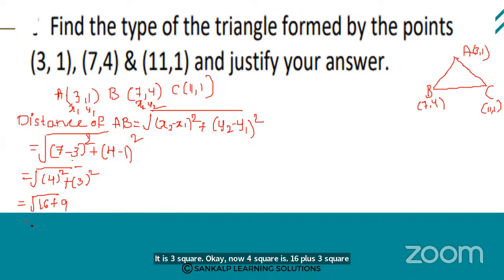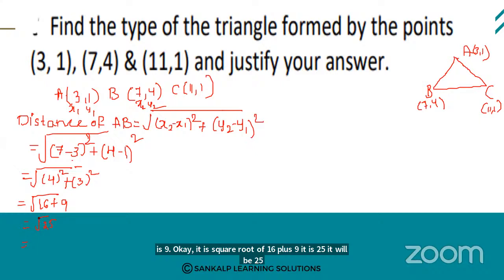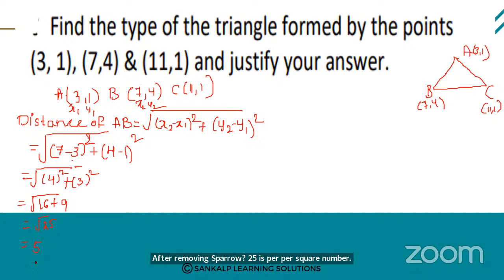It is square root of 16 plus 9, which is 25. Then after removing the square root, 25 is a perfect square number. 5 into 5 is 25. So here the answer will be 5 units.